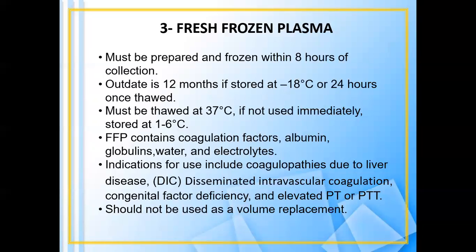Why do we need fresh frozen plasma? Indications include coagulopathy due to liver disease, disseminated intravascular coagulation, where disseminated means dangerous intravascular coagulation processes, and congenital factor deficiency, which means hereditary deficiency of coagulation proteins, or elevated prothrombin time and partial thromboplastin time.